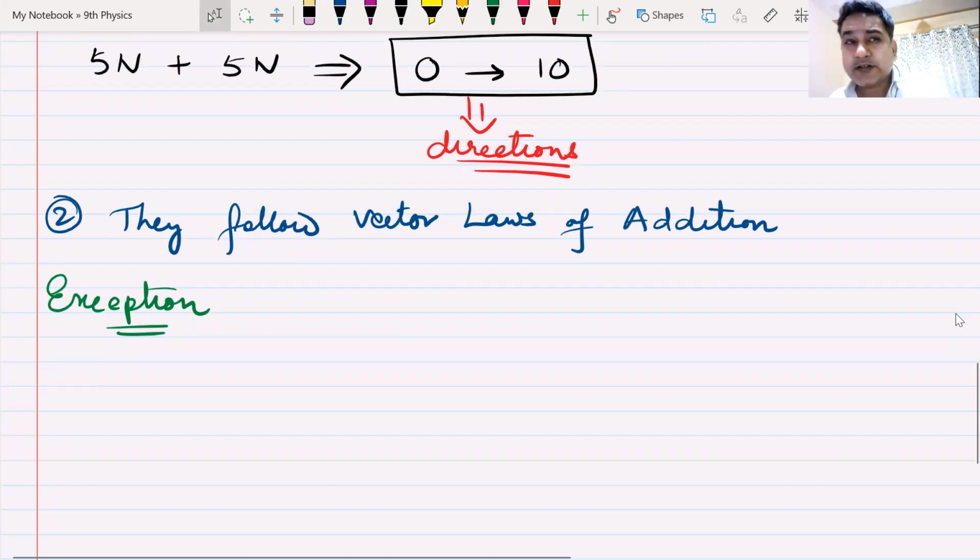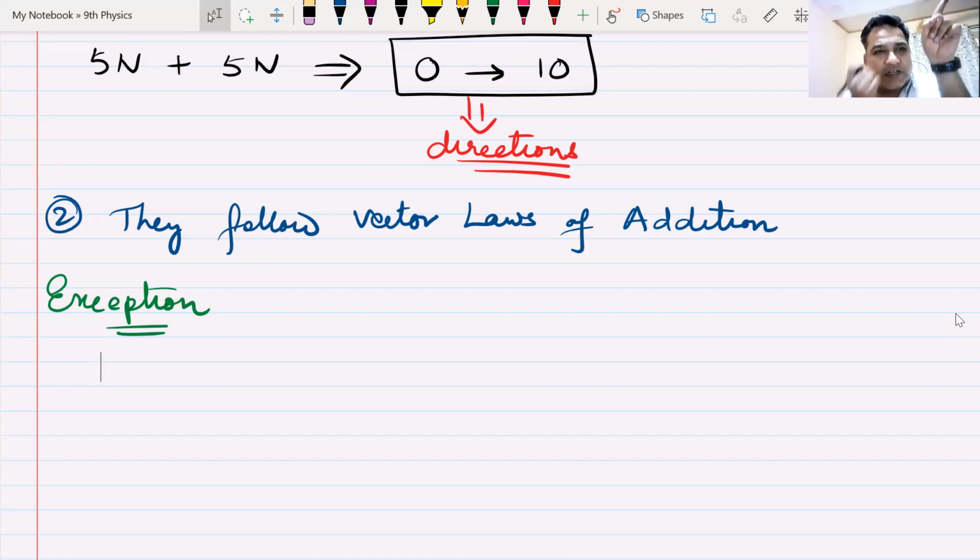You will now assume that every quantity which has a magnitude and direction will behave in this way, and the sum will depend on direction. But there is one quantity whose sum does not depend on direction.